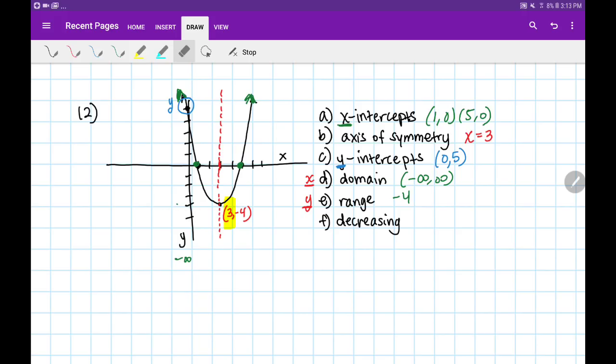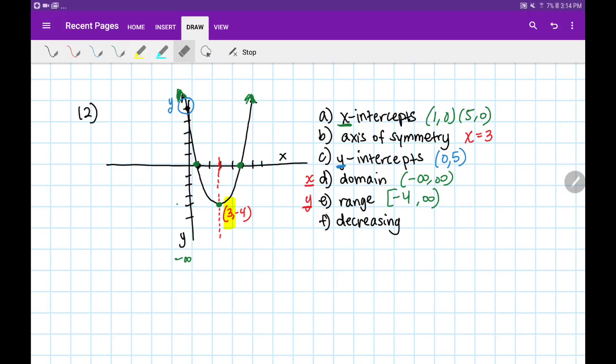The lowest it reaches is negative 4, and then it goes up, up, up forever to positive infinity. It's important you get this correct in the right order. We wouldn't say infinity to negative 4 because that's going backwards. Okay, so you have to go bottom to top. So from negative 4 to infinity, and we'll put brackets on the negative 4 since we actually include that in our y values. We hit negative 4.